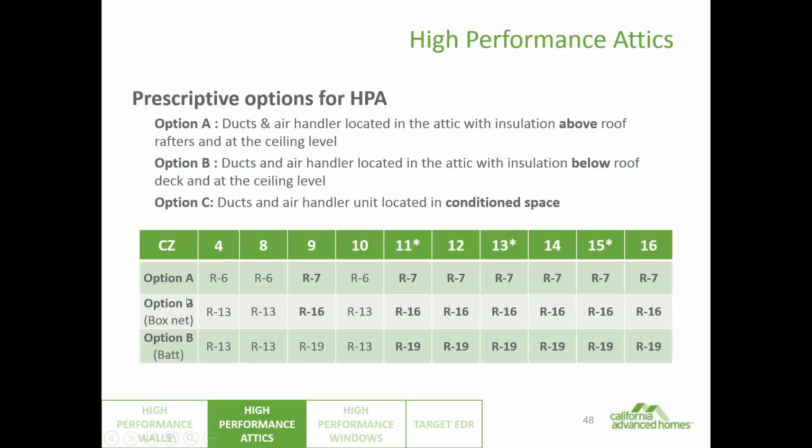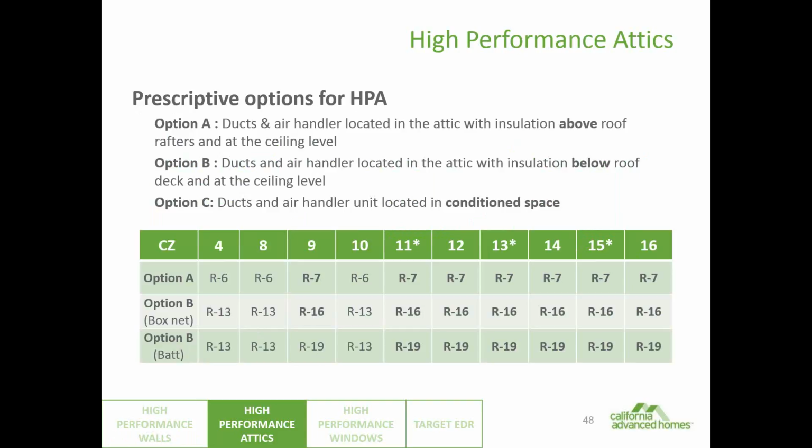So if we just look, the most common is option B. What this is saying is you're going to an R19 again, but not in every climate zone. It's just going to be a few climate zones that are going to the R19. That's climate zone 9, and then 11 through 16.